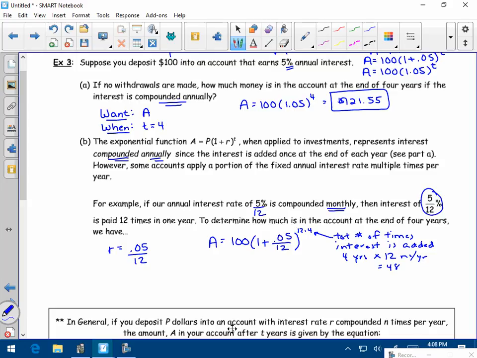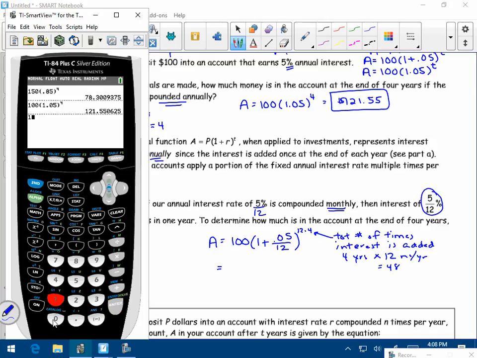Okay, so now if I plug all of that into my calculator, you have to be a little careful how you do it. It's 100 times 1 plus 0.05 over 12, raised to the, it's a good idea to put the exponent in parentheses unless you multiply it out in your head, 12 times 4. You should be getting $122.09.